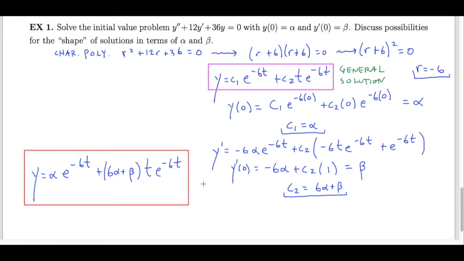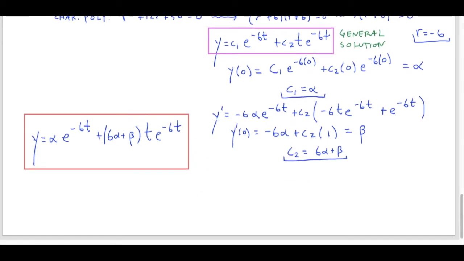And now for the last part of this problem, we're asked to describe possible shapes of these solutions. We just want to give a qualitative description of the different types of functions we could get from these solutions. First, note that for all values of alpha and beta, these solutions will tend to 0 as t grows without bound. We have two exponentials that have negative exponents in a sense.